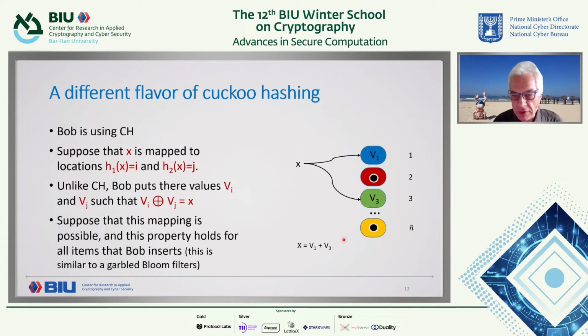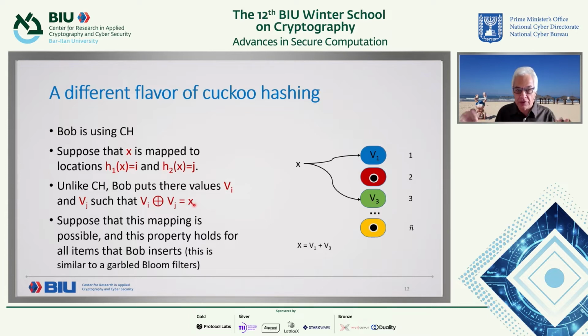Okay, so we're going to use something similar to cuckoo hashing, but not exactly cuckoo hashing. Bob is using two hash functions, as in cuckoo hashing. Suppose that x is mapped to h1 of x, which is i, and h2 of x, which is j. Bob doesn't put x either here or there, but he puts in these two locations two values, v_i and v_j, so that the XOR of these two is equal to x.